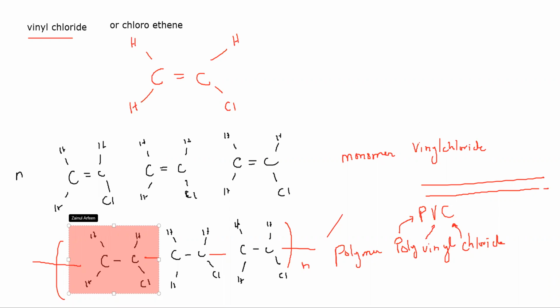Another example, tetrafluoroethene. When I draw the structure, tetra means 4, eth means 2 carbon. So between the 2 carbon, there will be a double bond and 4 fluorine atoms are there, 2 bonded with each carbon.